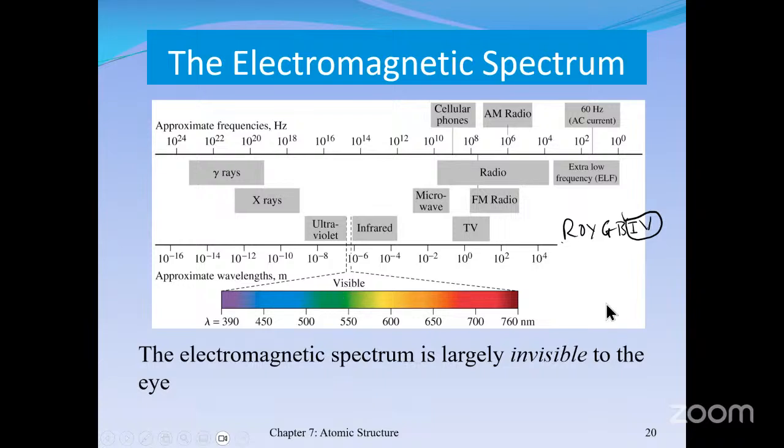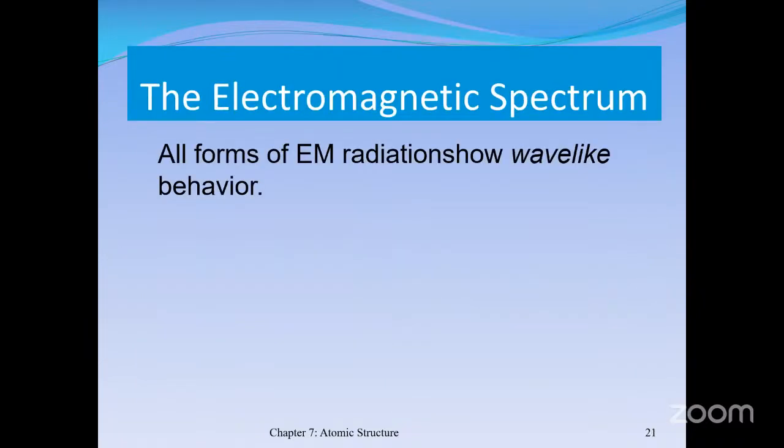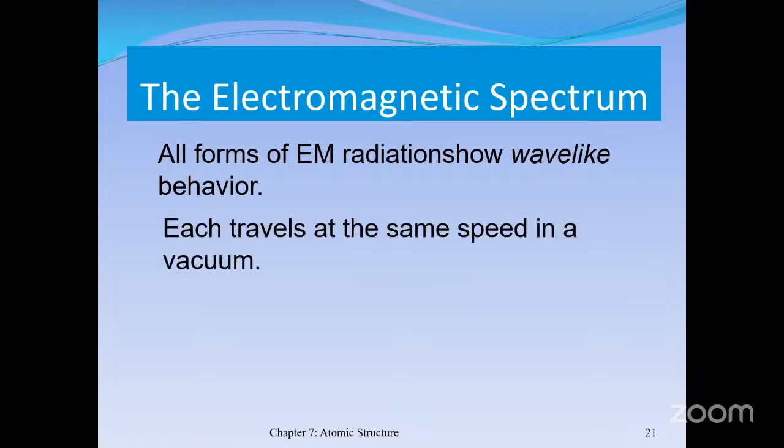All right. Okay. Another thing I want to say about electromagnetic radiation is that they all display wave-like behavior, and they all have the same speed in a vacuum. And that speed has been determined to be equal to 3.00 times 10 to the 8 meters per second. So that is true for all forms of radiation, including the different colors of light that we can observe.